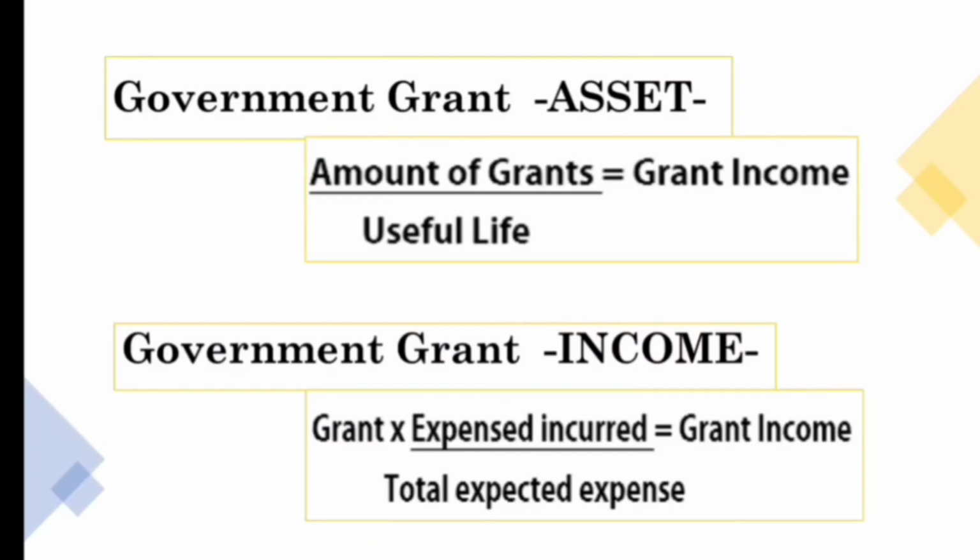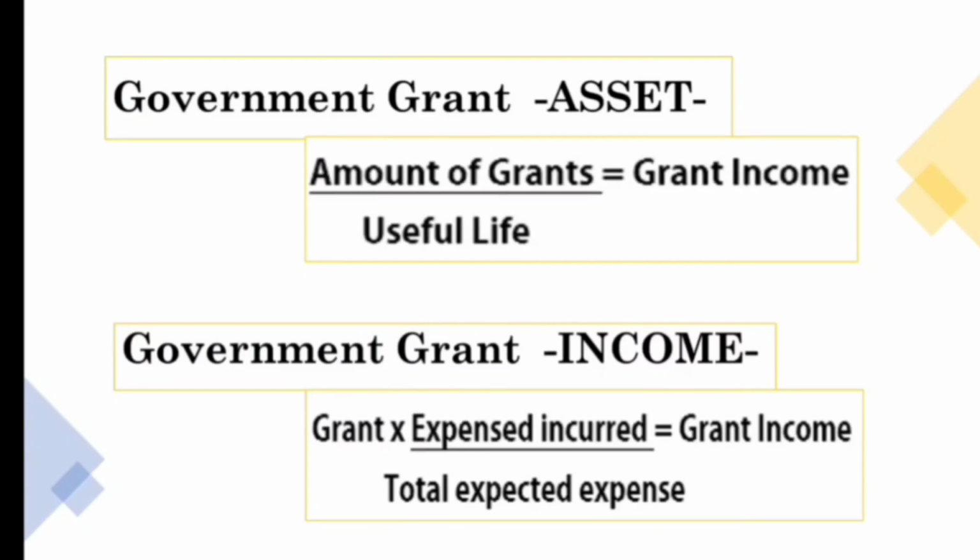Tinatawag niya tong unearned income or deferred grant income. So, bakit niya nga ba nire-record yun as utang niya? Kasi wala pa siyang nagagawa dun sa condition na inattach ni government. So, paano naman kung may nagawa na siya dun sa condition? So, ang ibig sabihin lang niyan, magre-recognize na tayo ng grant income.